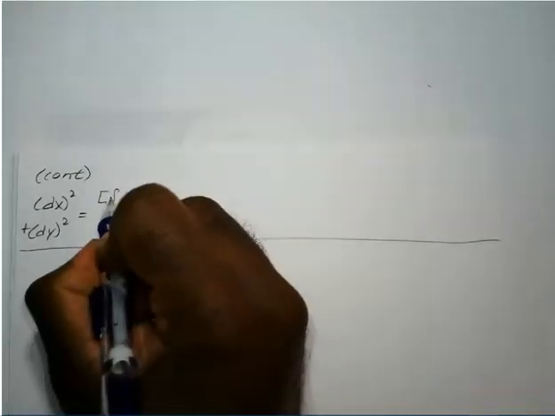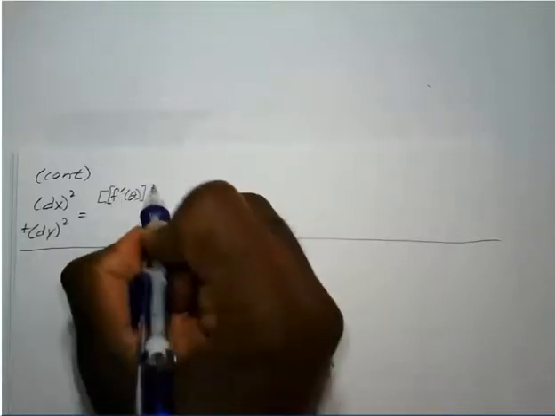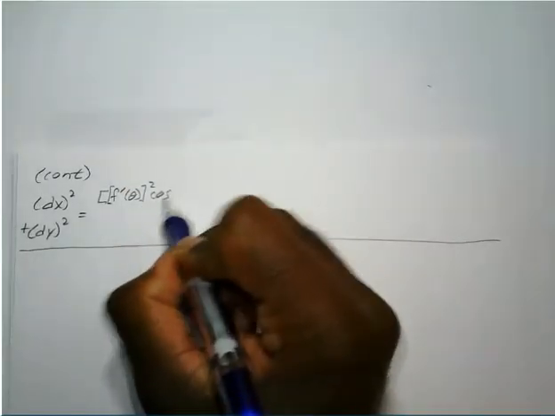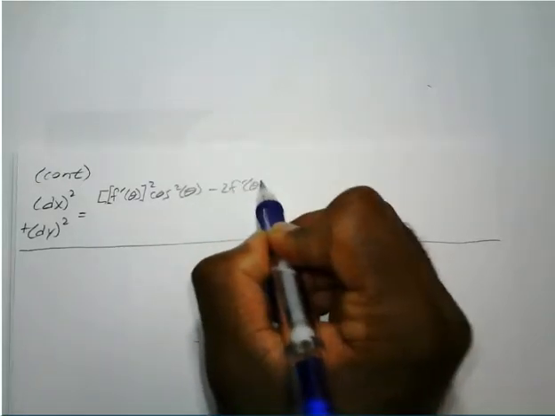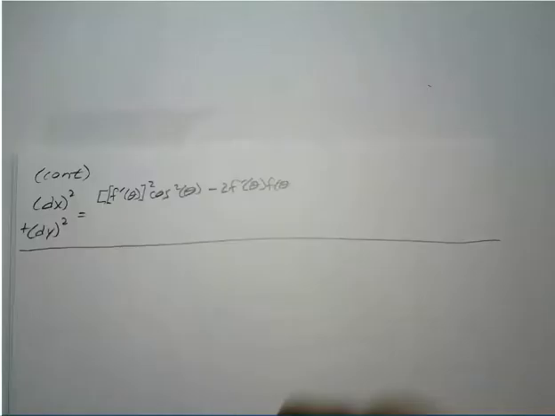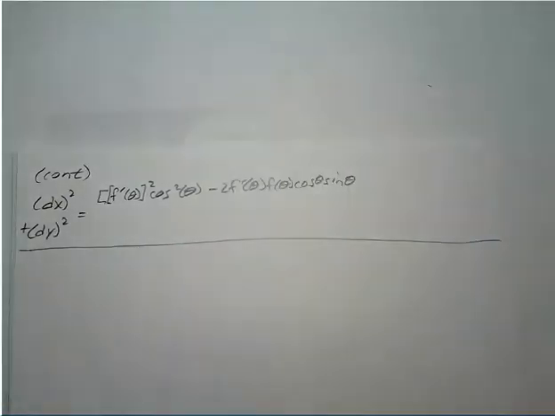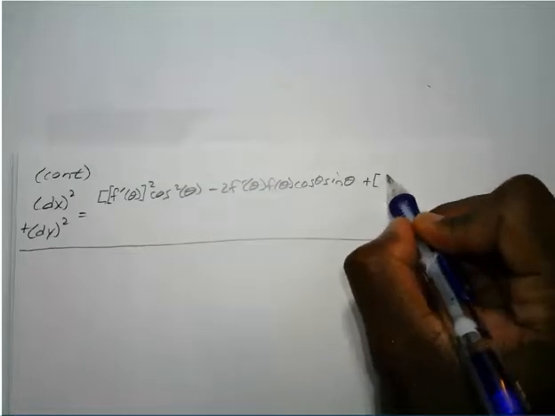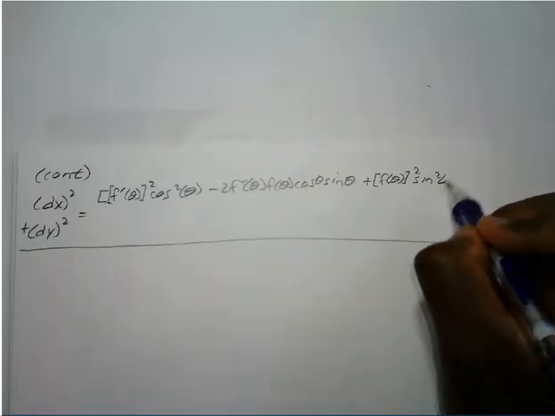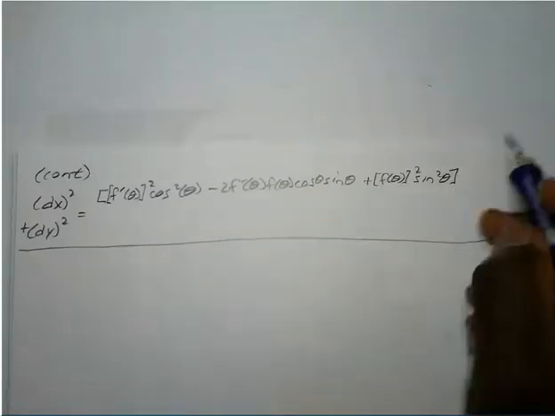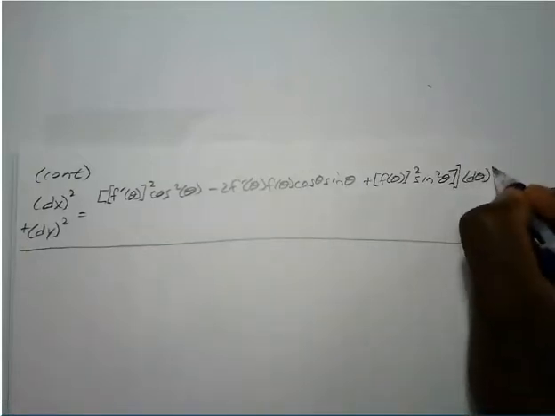So that's f prime of theta squared cosine squared theta minus 2 f prime of theta f of theta cosine theta sine theta plus f of theta squared sine squared theta, and our d theta is squared.